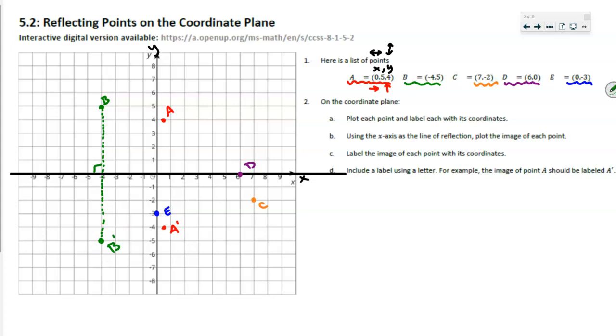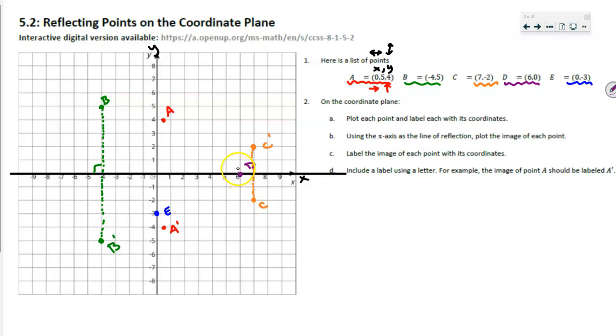So that might be a little bit easier than having to trace each of those points on your tracing paper. C started off down here below the mirror line. So when it is reflected, it is 2 steps away on the other side. So it's now on the positive side. That's where we will find C prime. D, an interesting thing happens.